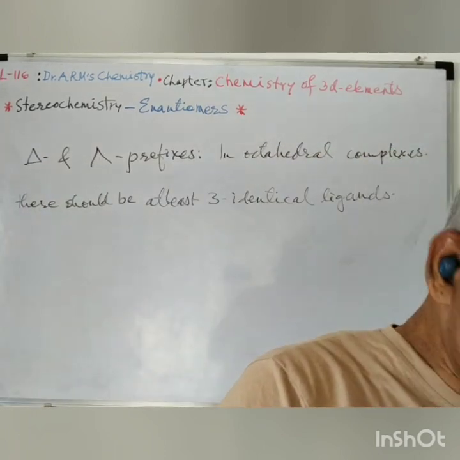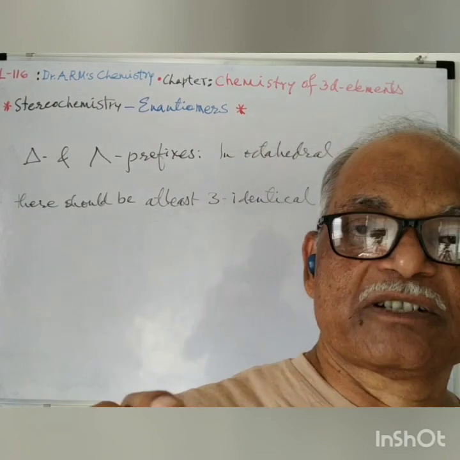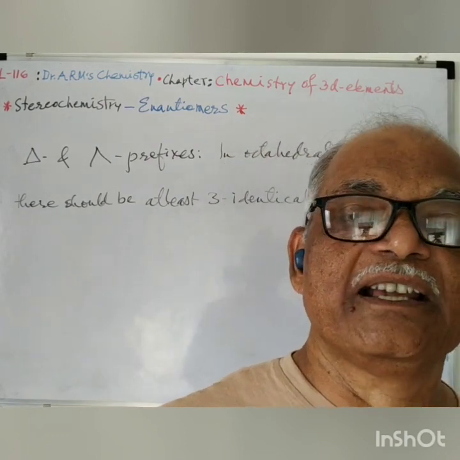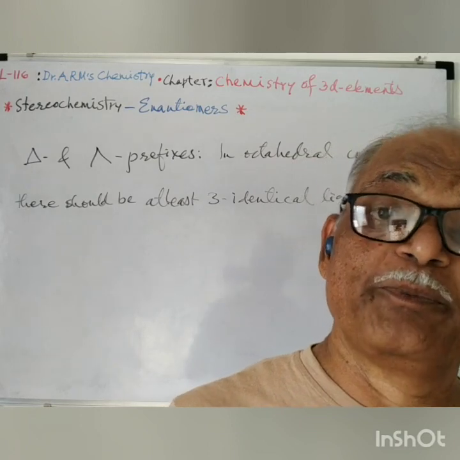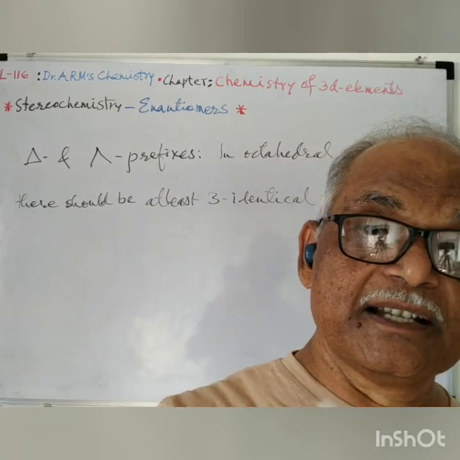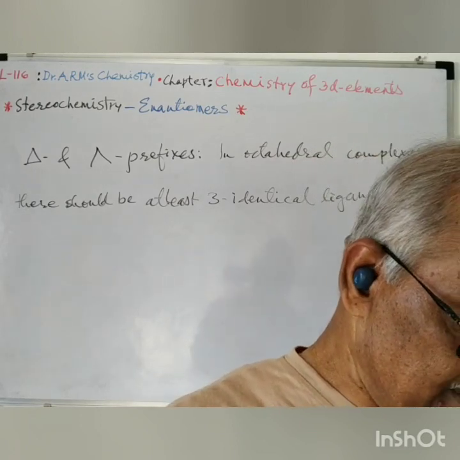In an octahedral complex, you know that there are 6 ligands. Out of 6, at least 3 ligands should be identical.